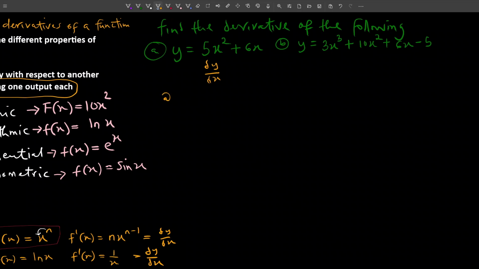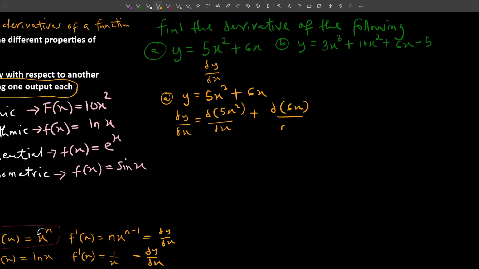So let's take a look at the first question. This one says y equals 5x squared plus 6x. So dy dx means that I'm differentiating each of them. I'm differentiating 5x squared with respect to x, and I'm differentiating 6x with respect to x.